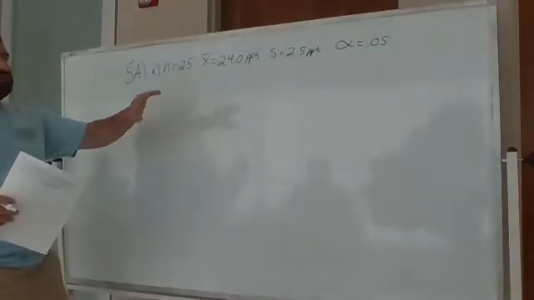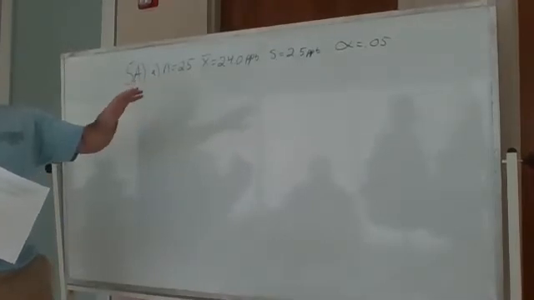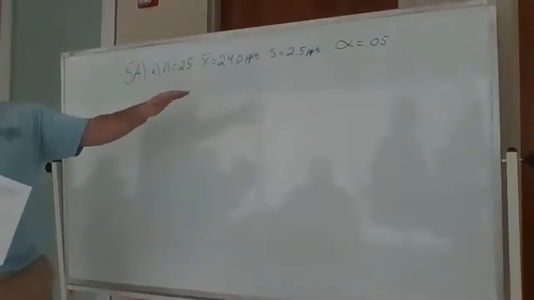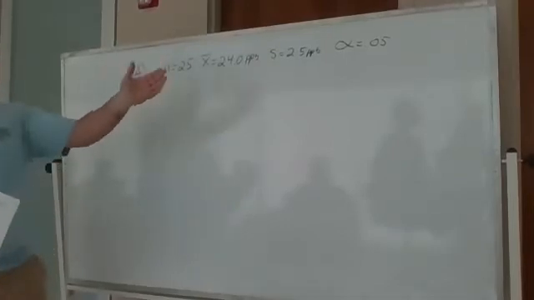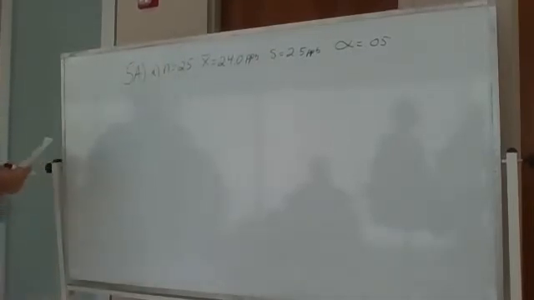We've said this multiple times. This alpha level of 0.05 is almost always going to be the level unless it's otherwise stated. That's pretty much standard throughout science, I guess you could say.